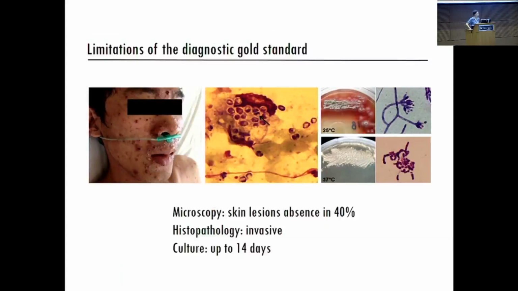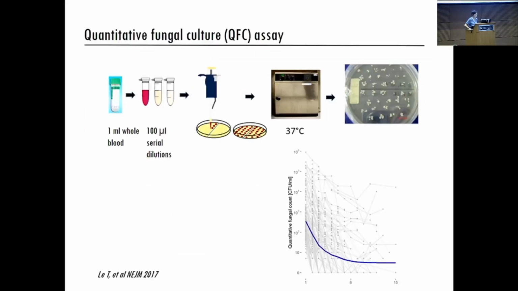So the main limitation of diagnosis is that, as I mentioned, microscopy is only possible because skin lesions are present in 70% of patients at best. So for some patients you rely on blood cultures, and blood culture takes up to 14 days. With this disseminated disease, early treatment and diagnosis is massively important, and that's a very big challenge for the field.